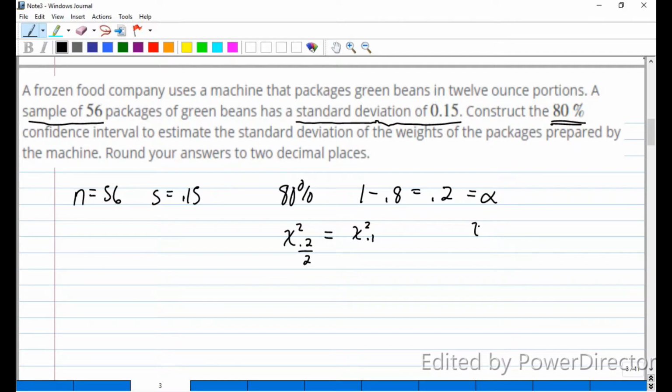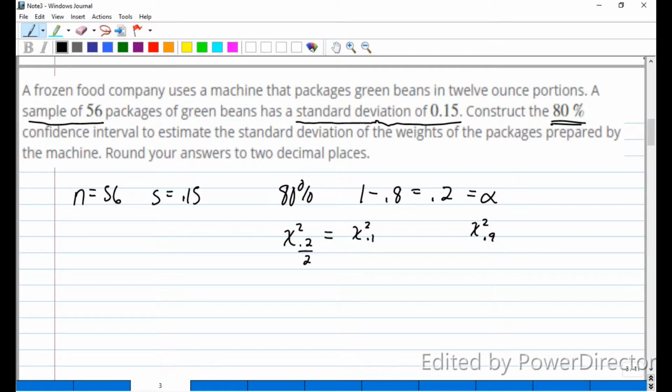And then our other critical chi-square value is going to be 1 minus that one. So it's going to be 1 minus 0.1. What's 1 minus 0.1? 0.9, right? What's $1 minus 10 cents? 90 cents. 0.9.